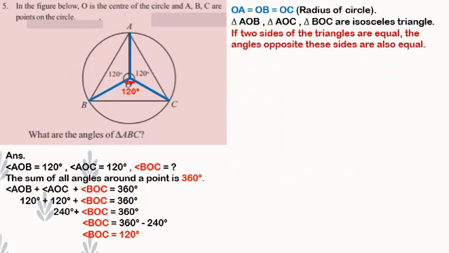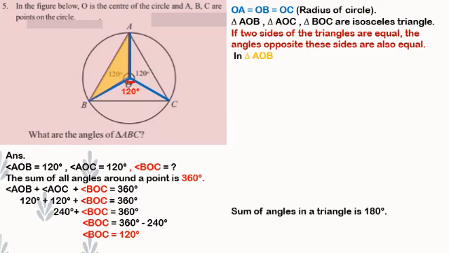Then, if two sides of the triangle are equal, the angles opposite these sides are also equal. In triangle AOB, we know the sum of angles is 180 degrees. Here one angle is 120 degrees, and the other two angles are equal. So that will be 180 degrees minus 120 degrees, divided by 2. That is 60 by 2, equals 30 degrees.